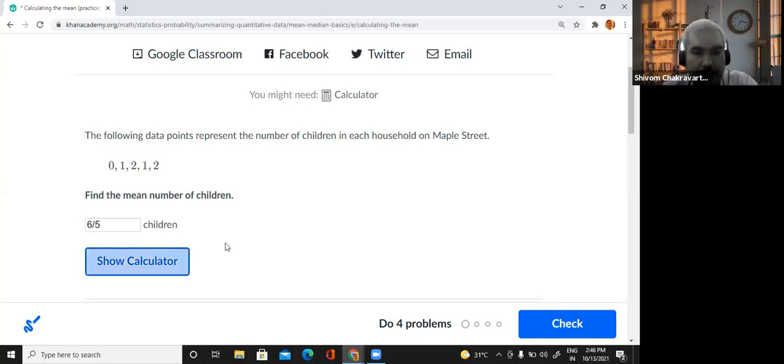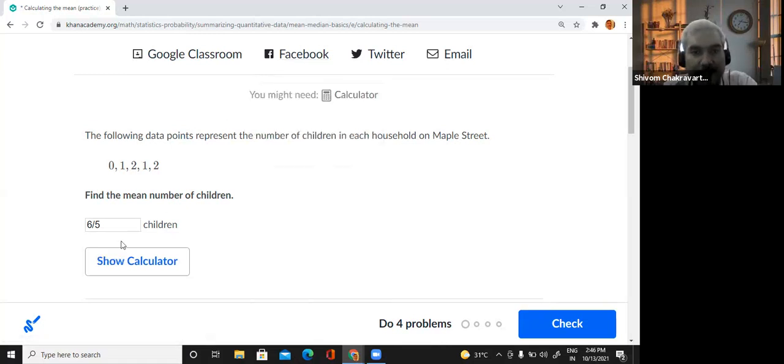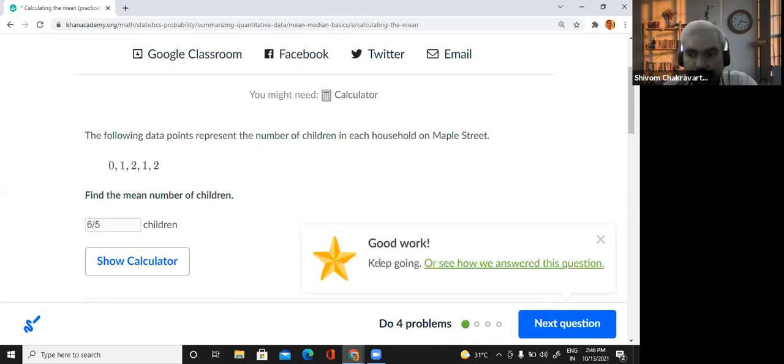6 divided by 5. And this portal's system is very advanced in a way. Even if you write 6/5, it should accept, I think. Let us check. Yeah, good work. Even if you have not calculated the decimal, still it will recognize your answer.